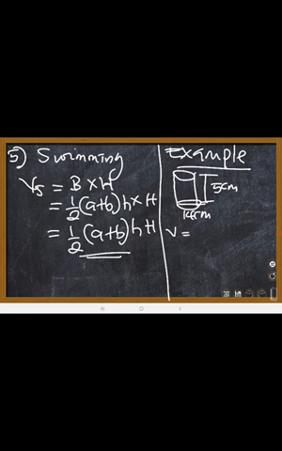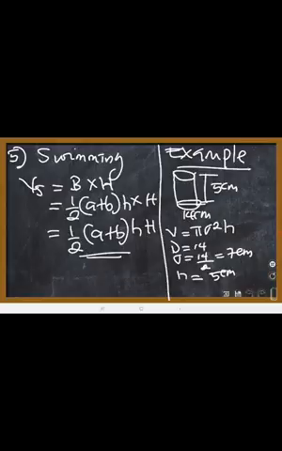So the volume equals pi r square h. The diameter is 14, so the radius will be what? 14 over 2, which is 7 centimeter, and the height is 5 centimeter. So substitute these parameters into the formula.